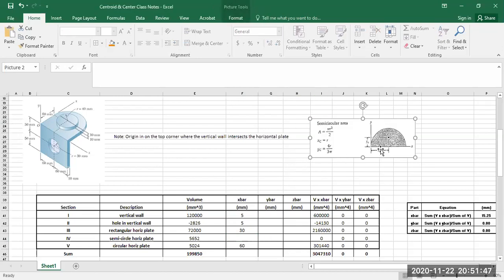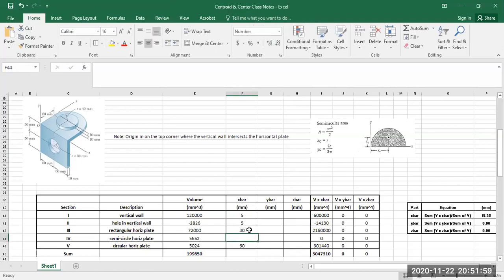Okay, in order to find the centroid, y sub c, since I'm going along the x-axis, it's 4r over 3 pi. So let's go back to this one.